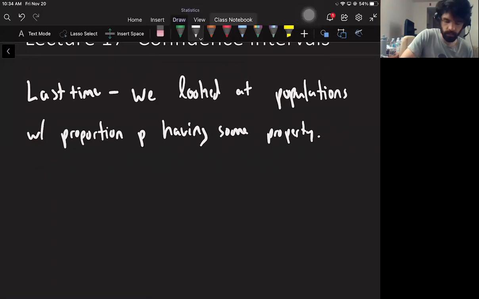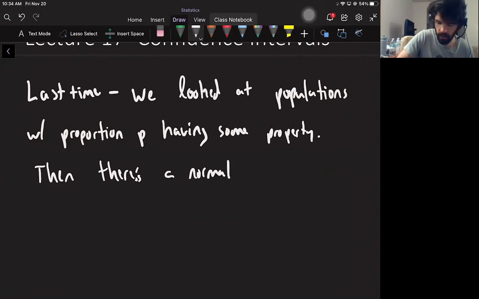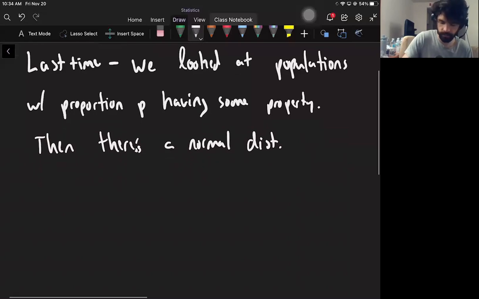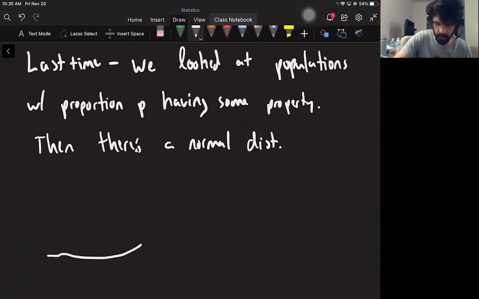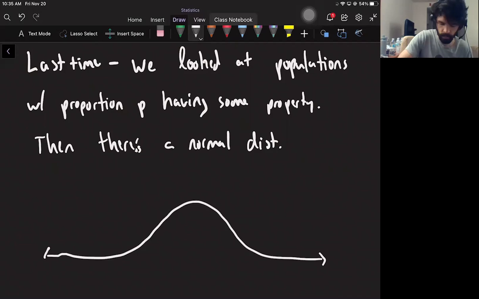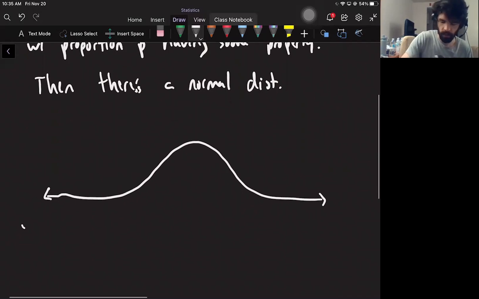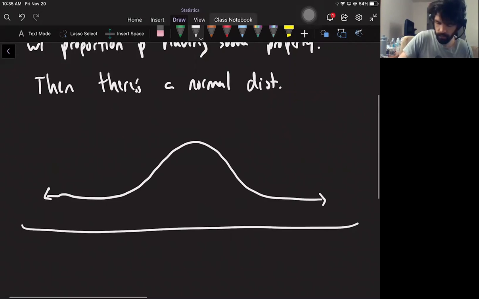Then there's a normal distribution that you create from that information, and based on the size of the samples that you take, where this is the mean and the standard deviation is called sigma.